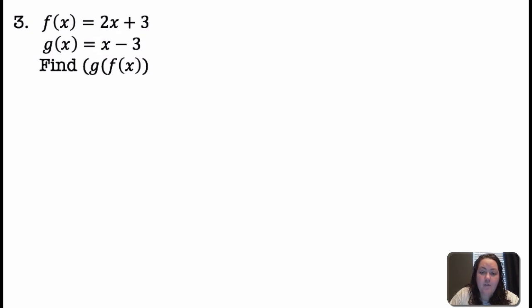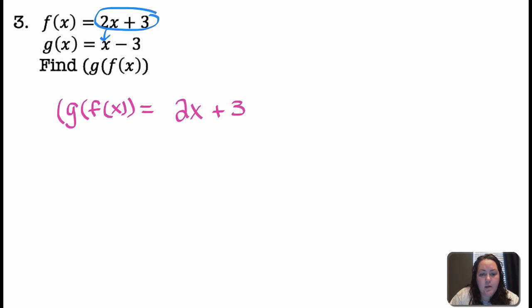But notice the f of x is inside the g of x. So the g of x is going to be eating the f of x. Wherever the x is for g of x, it's going to be replaced with whatever f of x is. So g of f of x equals 2x plus 3 minus 3. The plus 3 and the minus 3 cancel out, so that leaves me with just 2x.